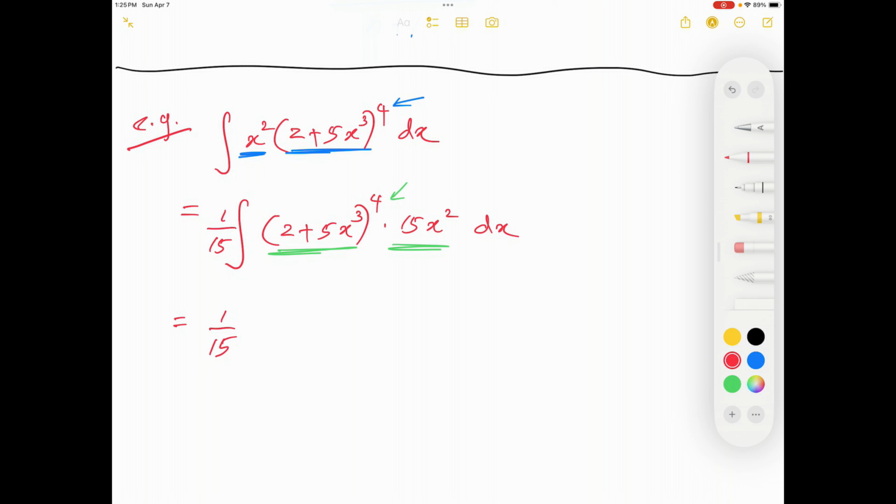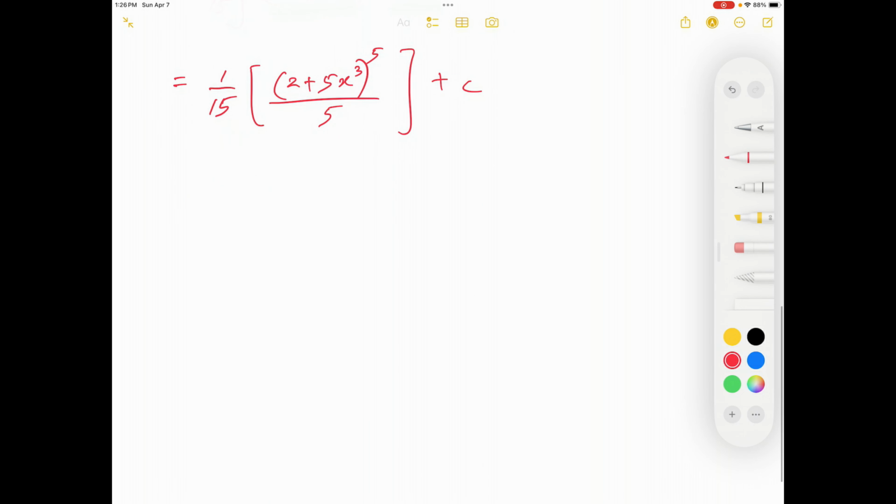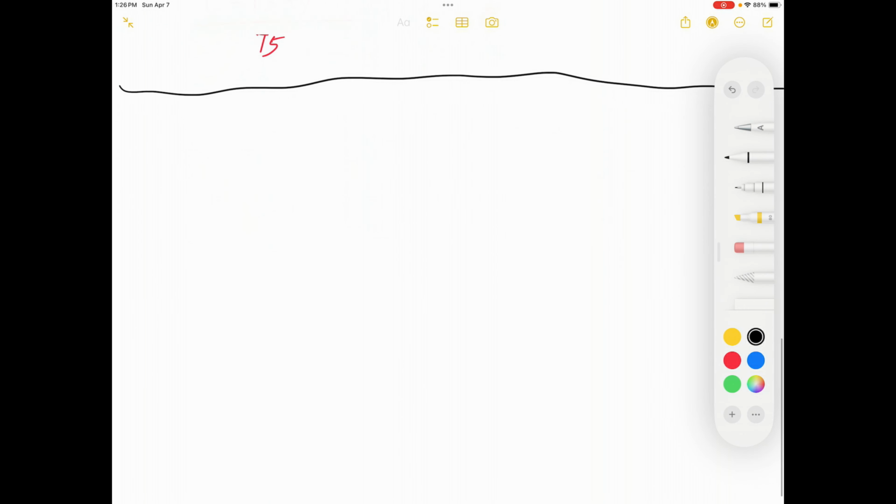So the solution can be written as 1/15th times f of x, which is 2 plus 5x cubed, raised to the n plus first power. n is equal to 4, so 4 plus 1 is 5. All that divided by 5 plus c. Of course, this can be simplified some more. 2 plus 5x cubed to the fifth power, 15 times 5 is 75, plus c. That's the solution. Let me also discuss one more example with that theorem.